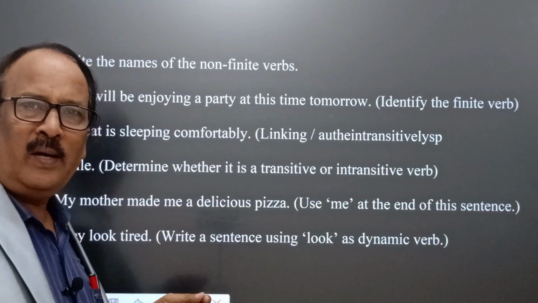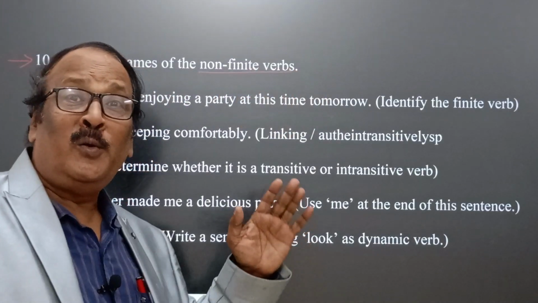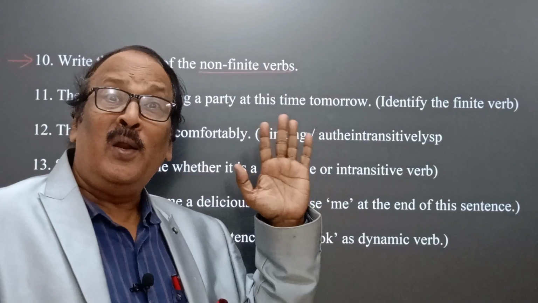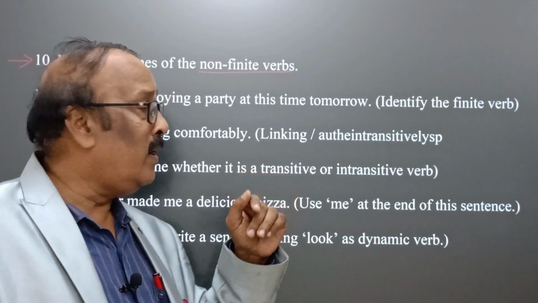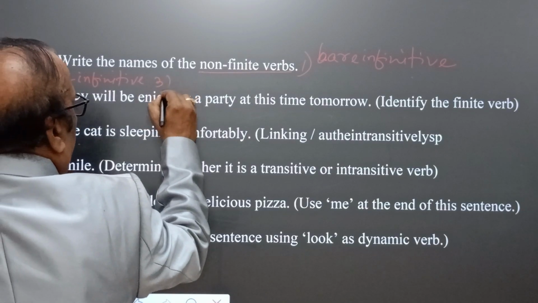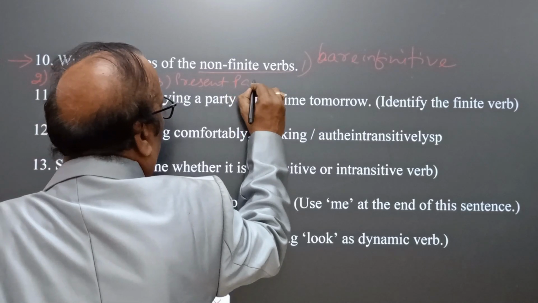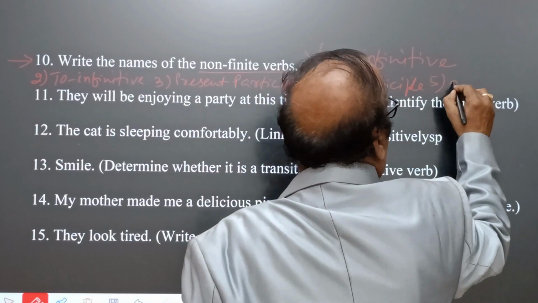Come to question number 10. Write the names of the non-finite verbs. As we have already discussed, non-finite verbs are of 5 types. 1. Bare infinitive. 2. Infinitive. 3. Present participle. 4. Past participle. 5.